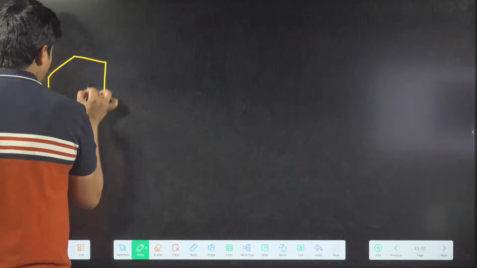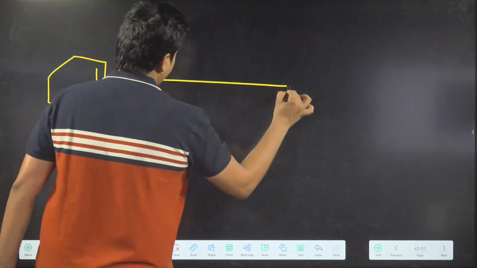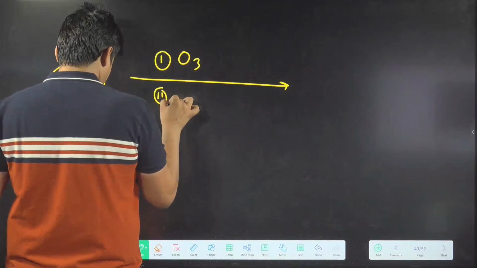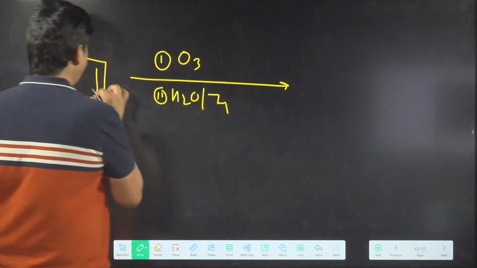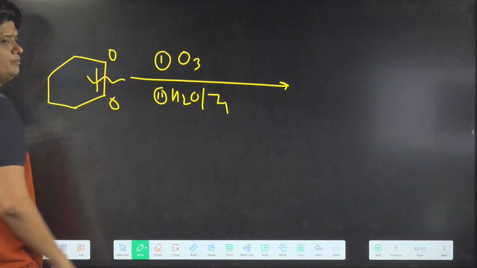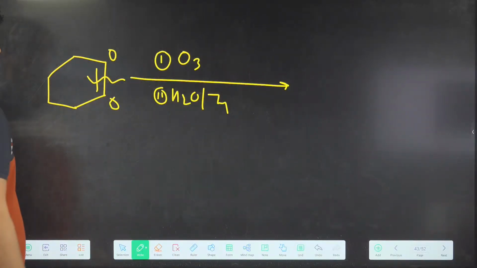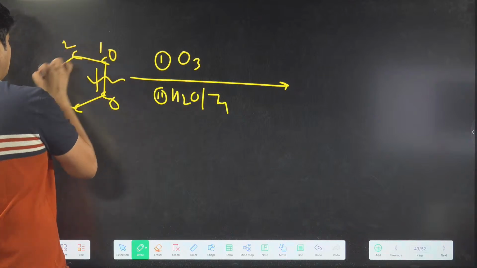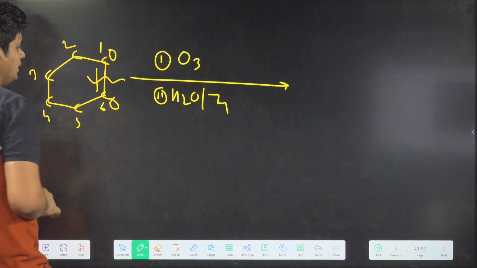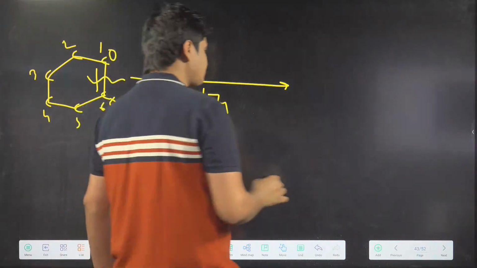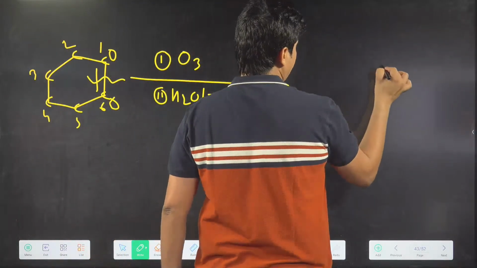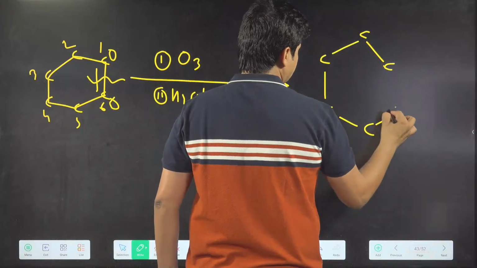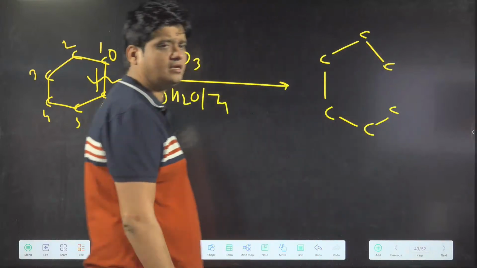This is given. The examiner is saying O3, H2O, Zn. Break this bond, bind oxygen. So what do we have? 1, 2, 3, 4, 5, 6. 6 carbons are there.